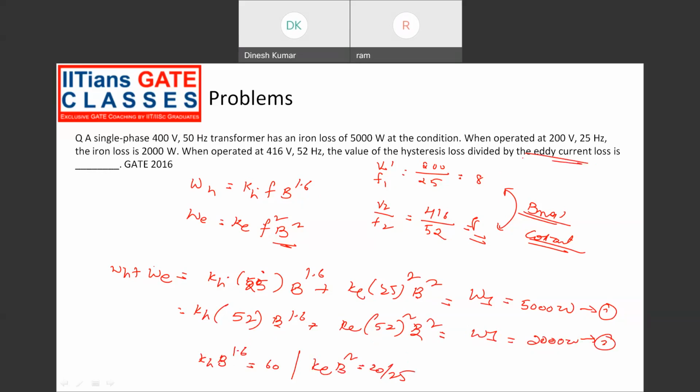Now what they're asking is the ratio of hysteresis losses divided by eddy current losses at 52 Hz. We get Kh 52 B to the power 1.6 by Ke B square 52 square. If you solve this expression, you will get 1.44.